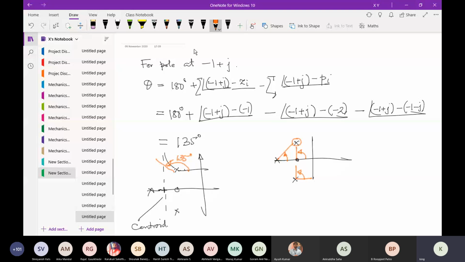And from principle of symmetry, we can also say that something similar will hold true for this as well. That this angle will be also 135 degrees.